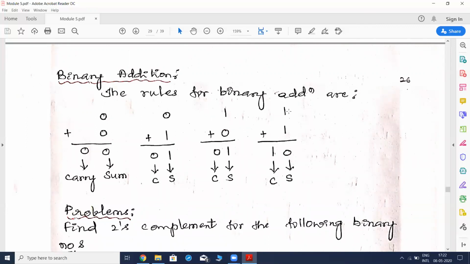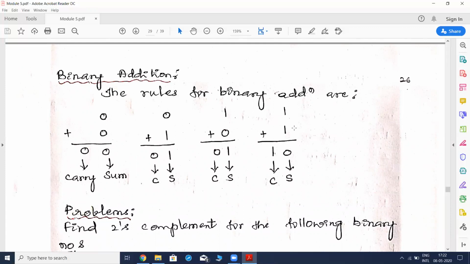That is when both addend and augend are equal to 1, 1. When you perform this addition in decimal, you get 2. To represent 2 in binary, we require 2 bits, and that 2 is nothing but 1, 0 in binary.